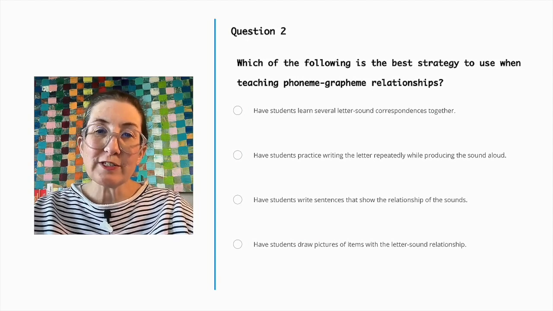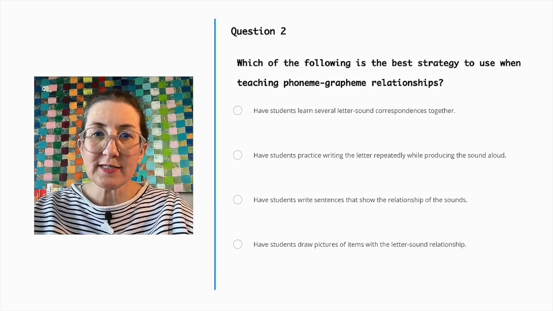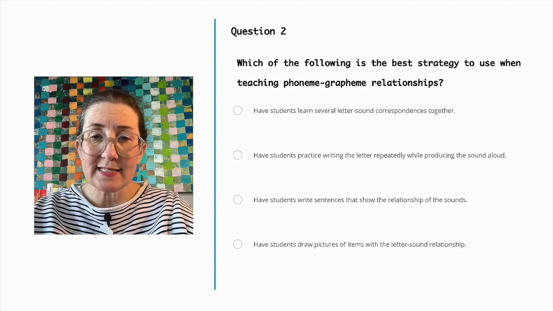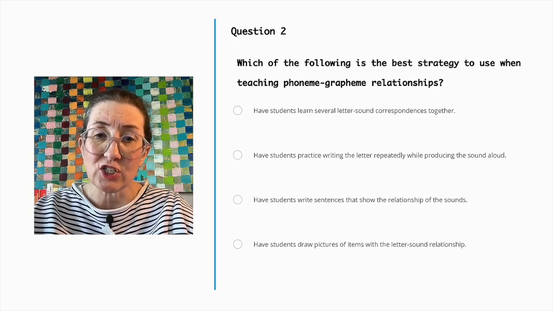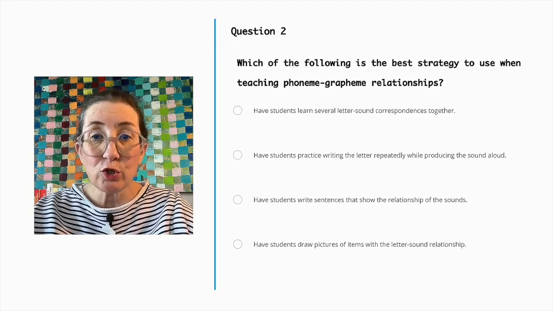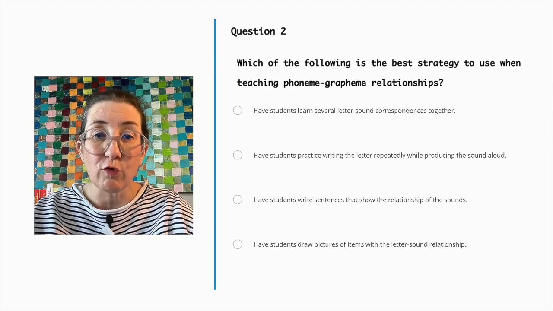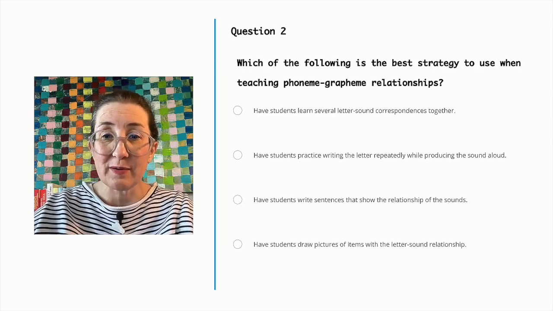Having students learn several letter-sound correspondences together can be overwhelming and confusing. Having students write sentences that show the relationship of the sounds can be more advanced and not focused enough on the basic phoneme-grapheme relationship. Having students draw pictures of items with a letter-sound relationship is helpful, but may not directly reinforce the specific relationship.